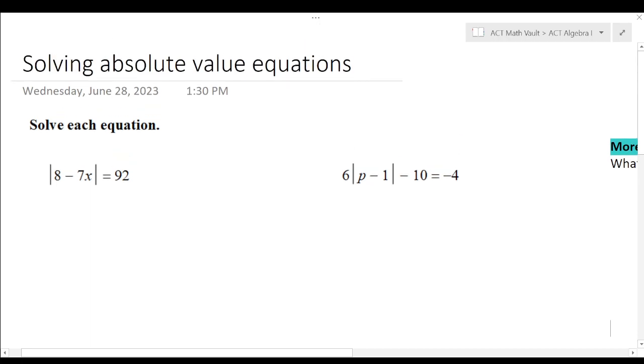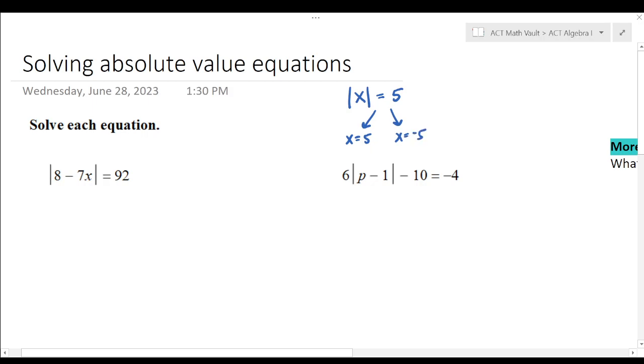Well, absolute value by definition is just the distance between a number and zero on a number line. Meaning, if you had the absolute value of x and that's equal to 5, there are two numbers that would work for x. One is 5.